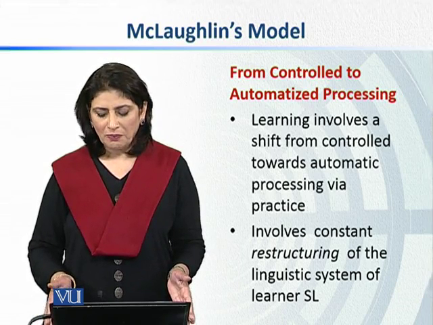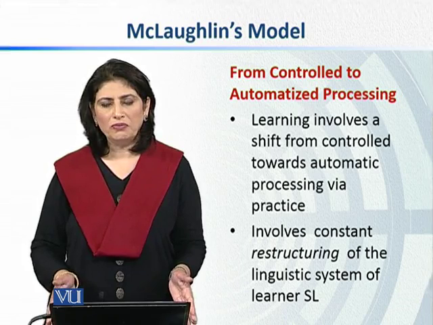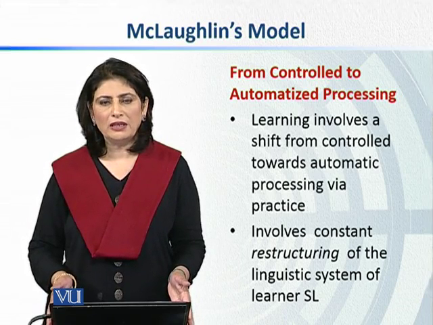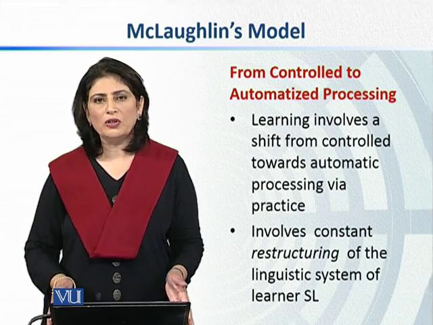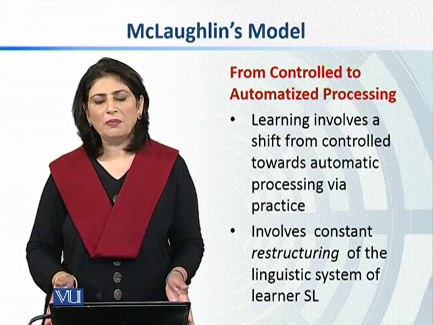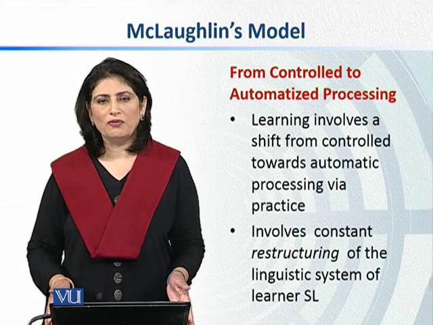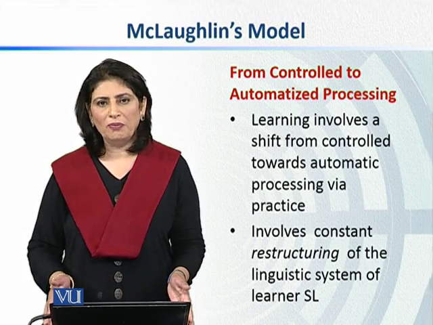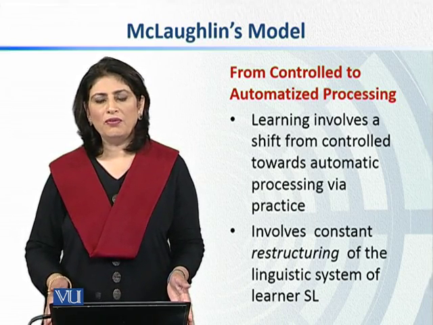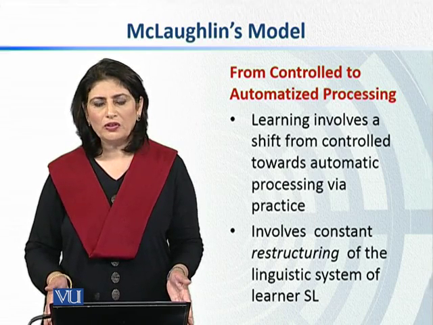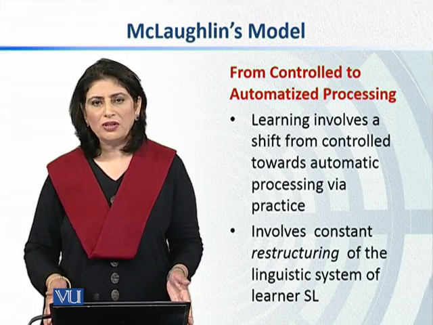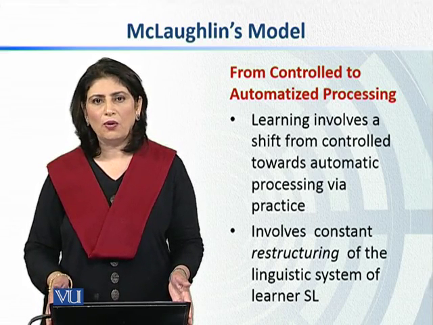And learning means a shift from this controlled thinking about things or rules to the rules becoming so automatic in your mind that your mind accesses those rules of using the language before you even think of it. So you are constantly focused on the communicative event rather than on thinking of which words or how the grammatical structure will be.